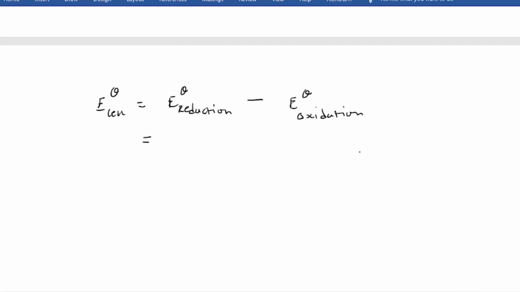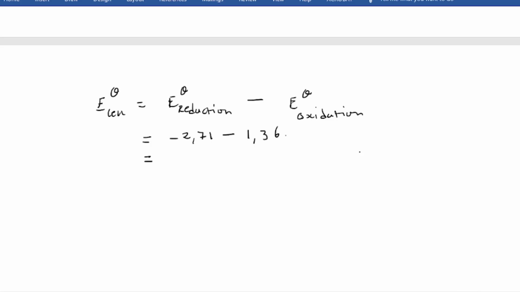So now look at those two elements. You see that on the reduction you've got what? We've got our sodium, and if you check the potential for sodium on the reduction, it is negative 2.71, minus, if you check the reduction for chlorine, it is positive 1.36.